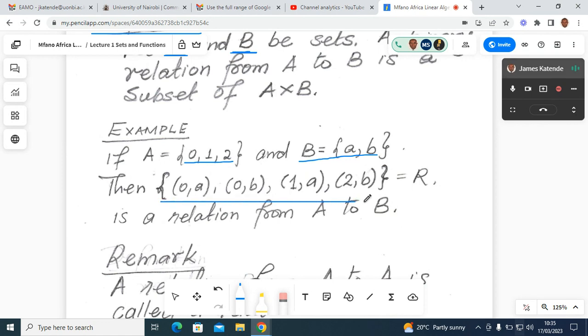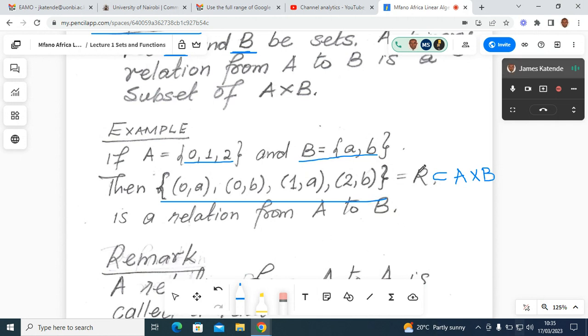So this is a relation from A to B because it's actually a subset of the Cartesian product. In this case, it turns out to be a proper subset. So such a thing is called a relation.